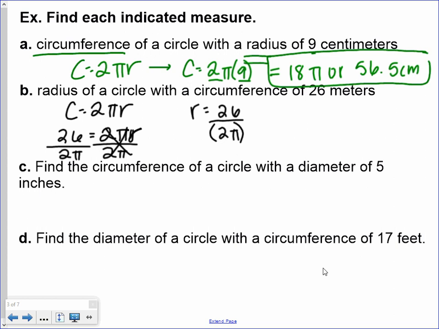Yeah, 4.13. Okay. Another way of doing this is you can literally hit 26 divided by 2 divided by pi, all separately, and that would also work and get you the 4.1. Or you could type in 2 times pi and get a decimal, and then type in 26 divided by that decimal, whatever it may be.